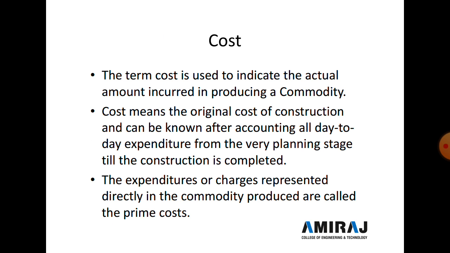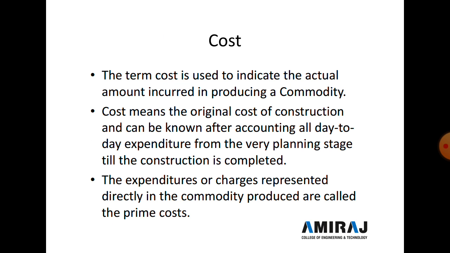The term cost is used to indicate the actual amount incurred in producing a commodity. Cost means the original cost of the construction and can be known after accounting all day-to-day expenditure from the very planning stage till the construction is completed.